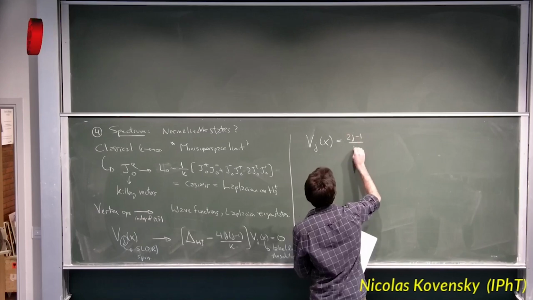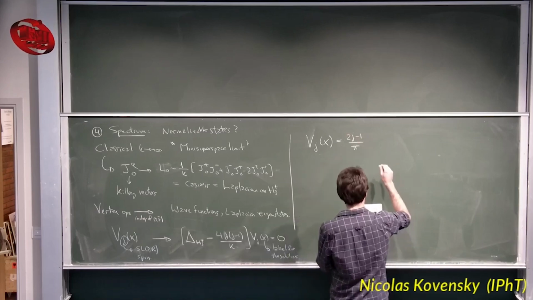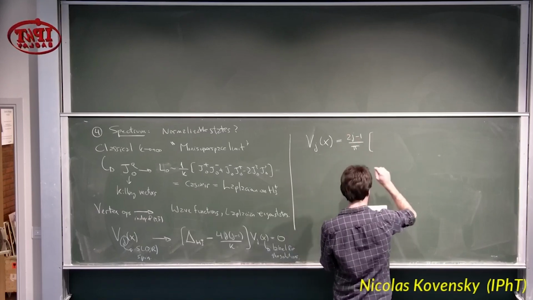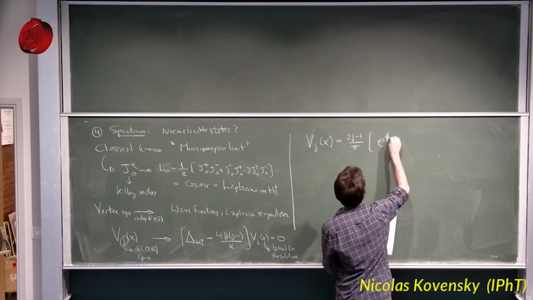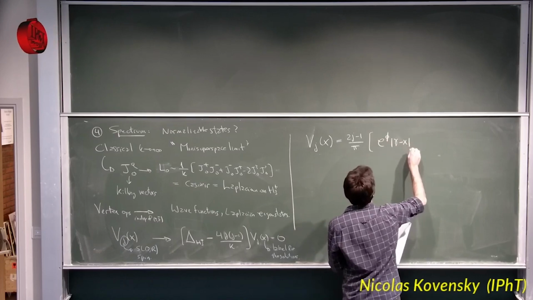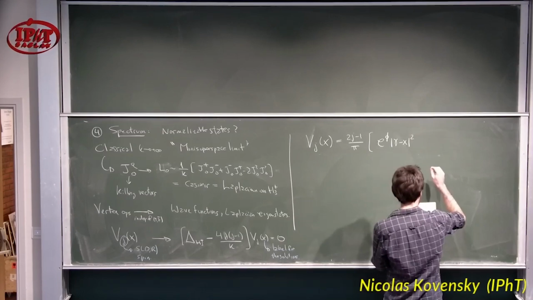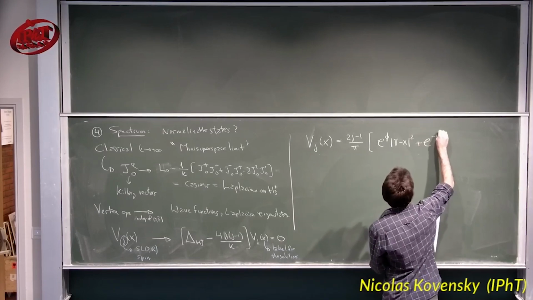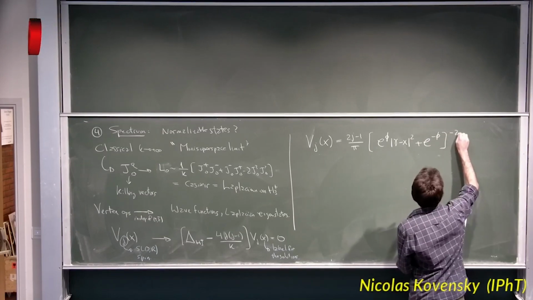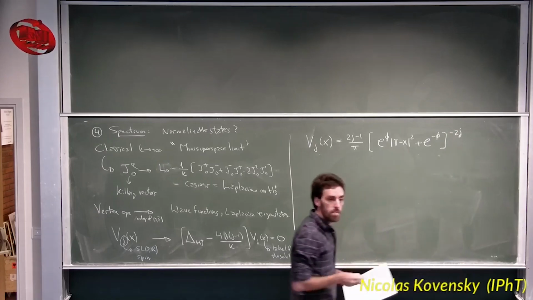There's a conventional normalization, and then you have something which looks like e to the phi, gamma minus x squared, plus e to the minus phi, to the minus 2j. Okay?